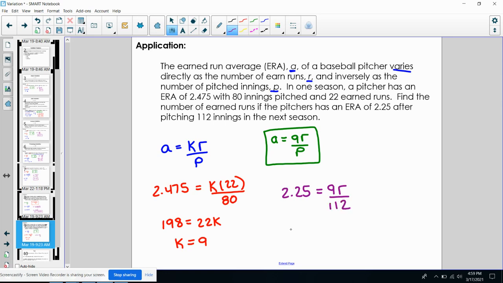So we're going to multiply both sides by 112, so we'll get 252 equals 9R, and then divide both sides by 9, so R is going to equal 28, and that's 28 earned runs. And again, make sure that we label it with the proper units.